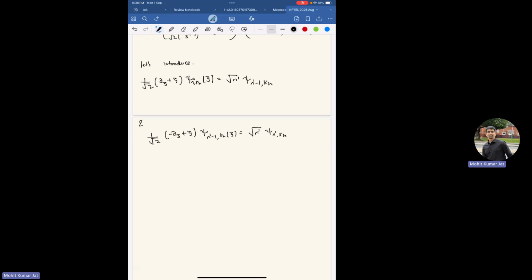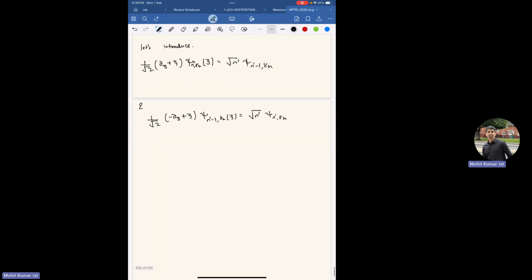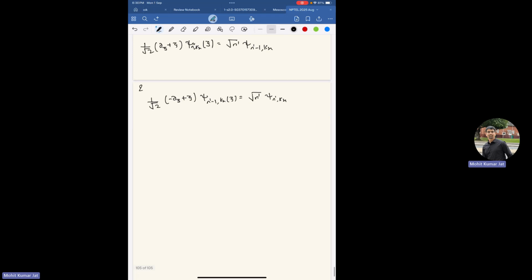If you solve this Hamiltonian, this will yield you the eigenvalues E plus minus equals plus minus h bar omega c square root of n.